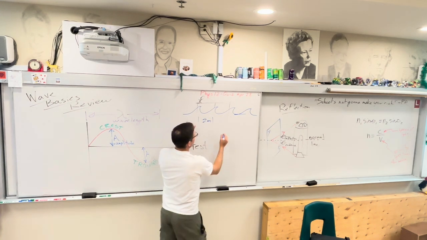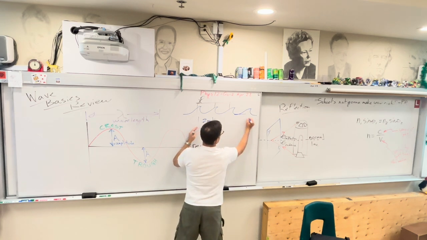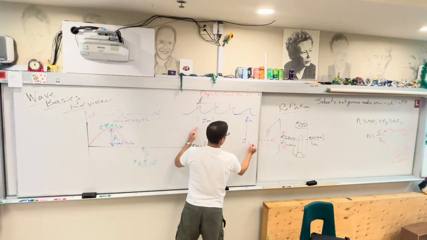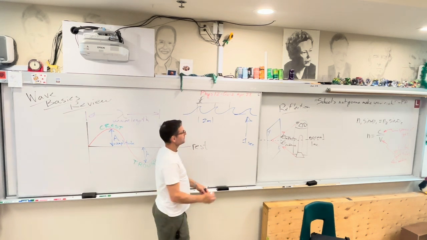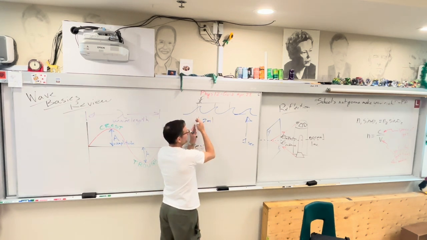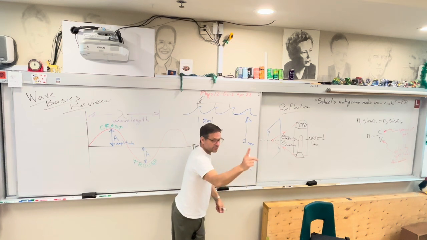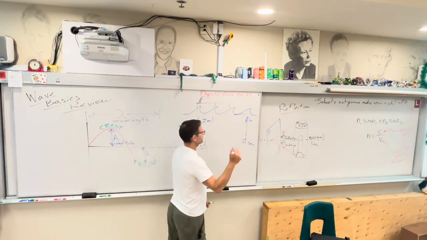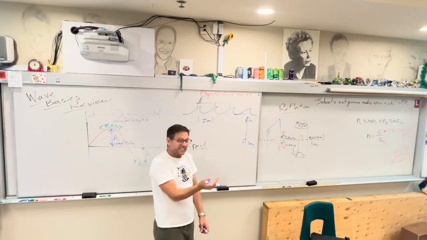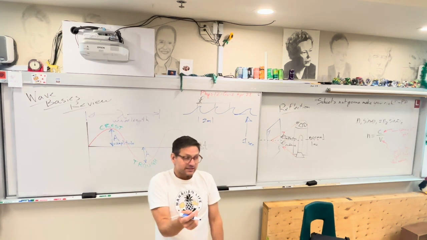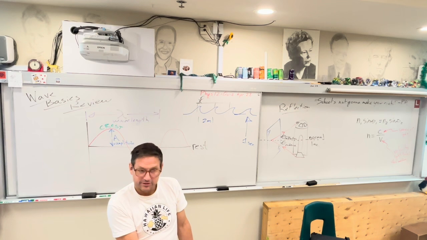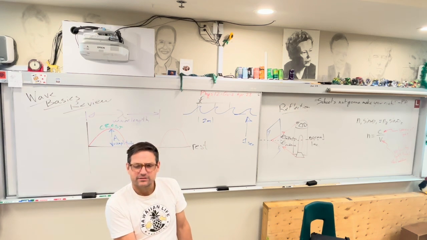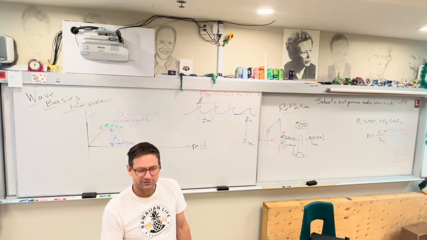And you time it, and this one went by you 1 second ago. So you have 2, 4, 6 meters go past in 1 second. So the velocity of this wave would be 6 meters per second. You understand?